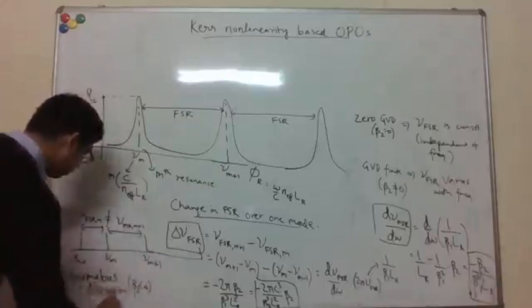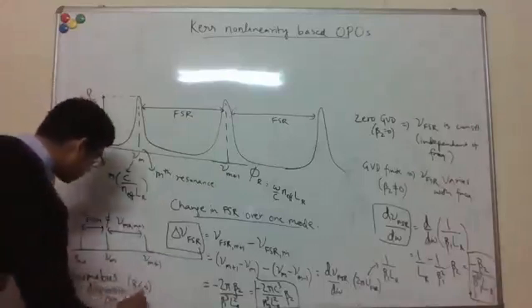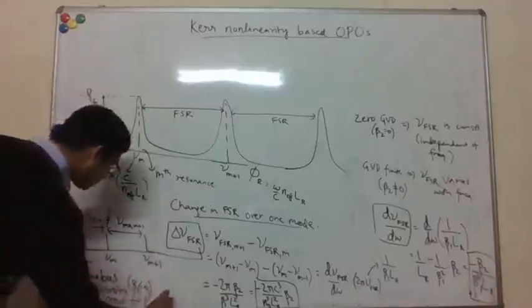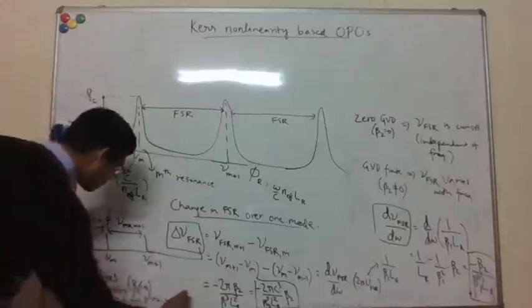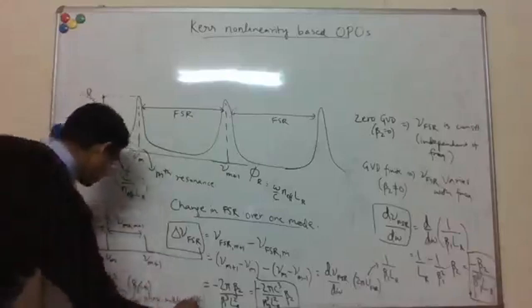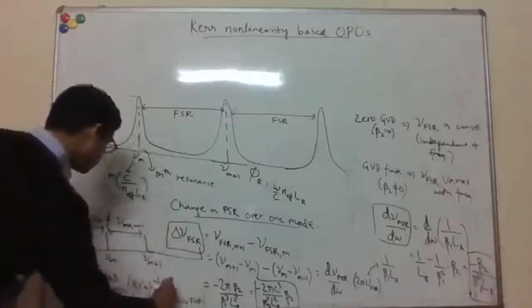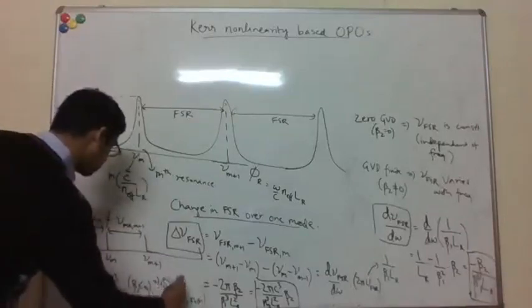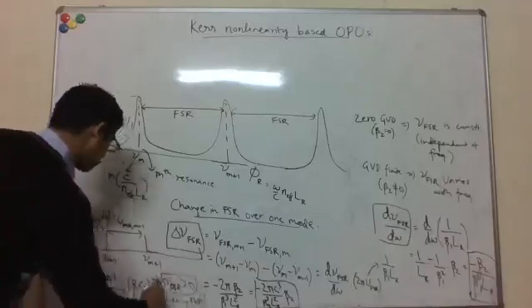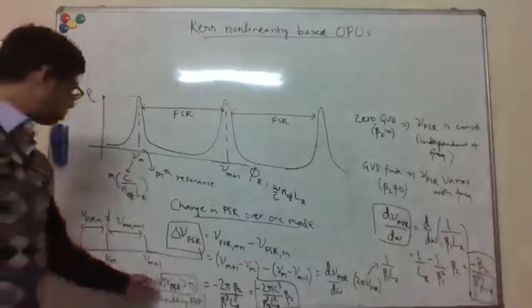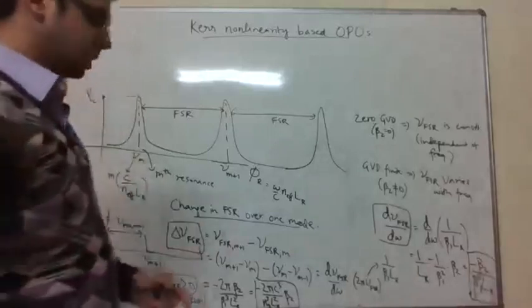So anomalous dispersion is required for phase matching the 4-wave mixing, and this implies that the FSR increases with frequency.